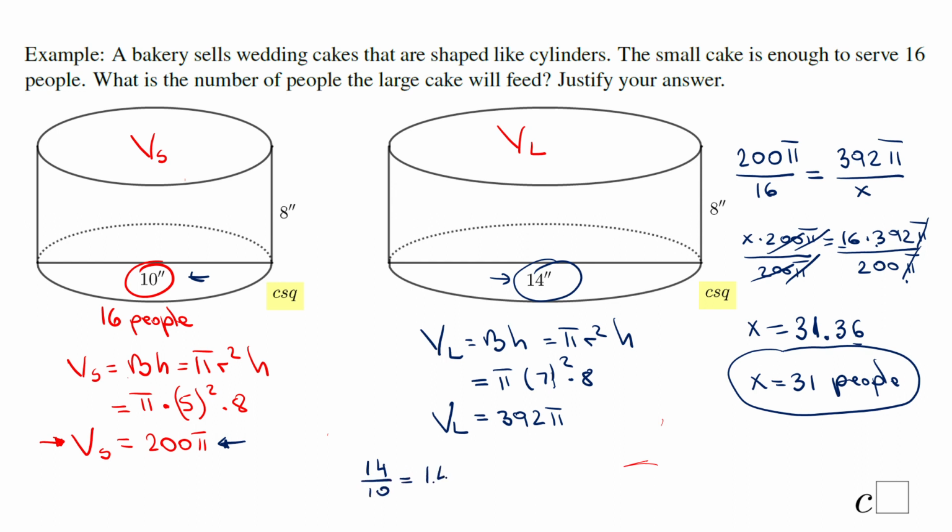You can square this, and it'll be 1.96, and multiplied by 16, you should get the same answer, 31.36. So this is the shortest way. If you remember this one, obviously you can finish the problem in just a couple minutes.